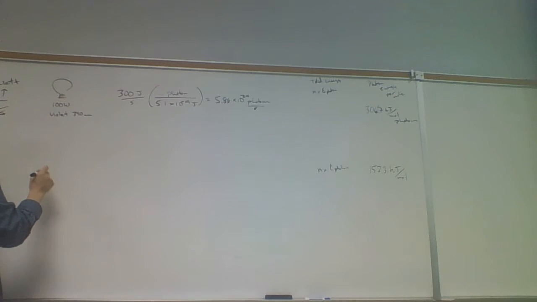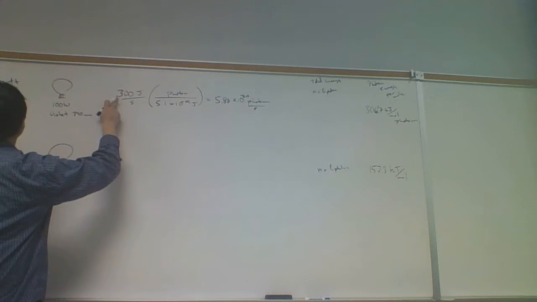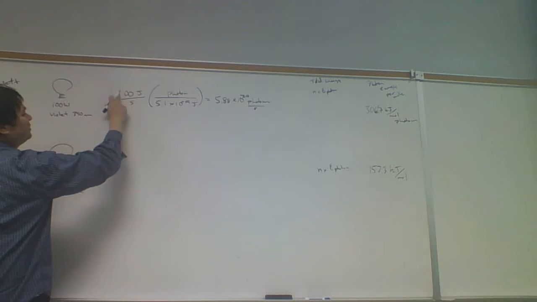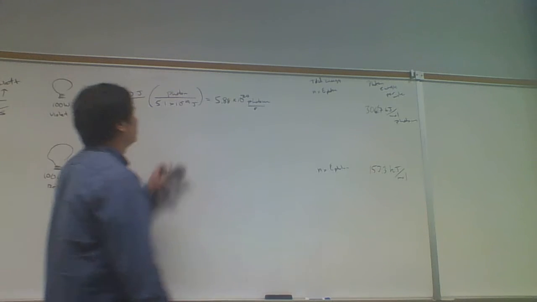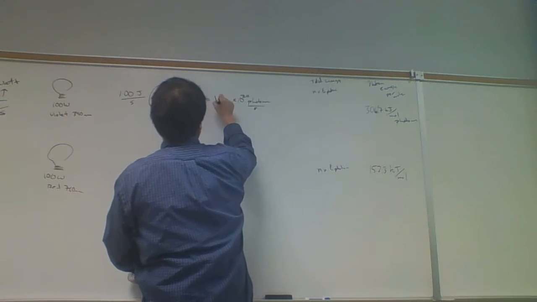All right, now let's do a 100 watt light bulb of red at 760 nanometers. If I could make a light bulb that only emitted red light at 760, I'd have, oops, what am I doing, 300? It's supposed to be 100 joules per second. Can we redo that? Sorry about that. 1.96.